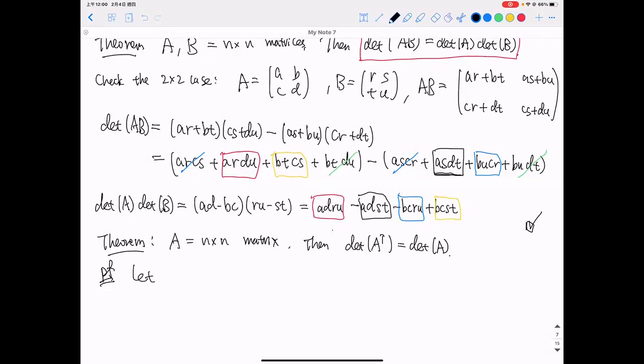So for the sake of notation, let M_rs and N_rs be the minor matrices for A and A transpose, respectively.